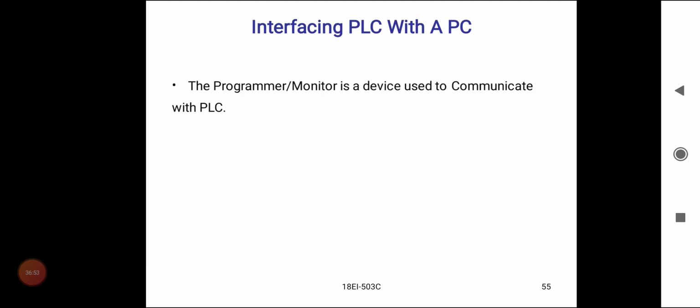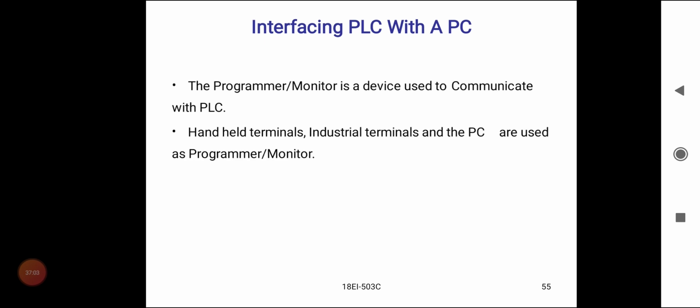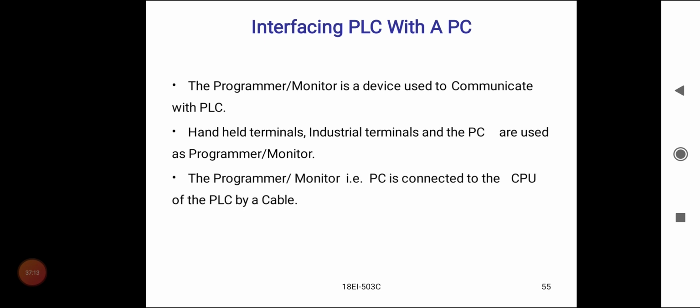Interfacing PLC with PC: the programmer or monitor is a device used to communicate with the PLC. Handheld terminals, industrial terminals, and the PC are used as a programmer monitor. The programmer monitor, that is the PC, is connected to the CPU of the PLC by a cable.